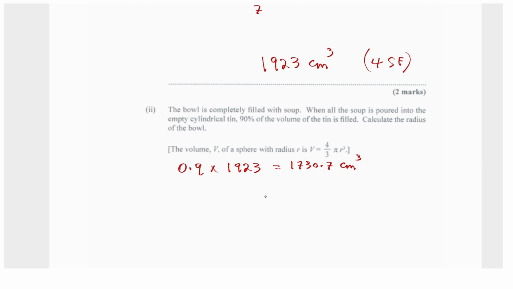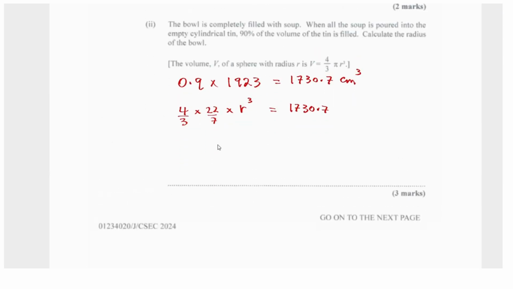So now we can work out the radius. Therefore, we have 4/3 times pi, which is 22/7, times the radius cubed, which should equal this volume, 1730.7. Okay, so what we can do is multiply the numbers at the top.